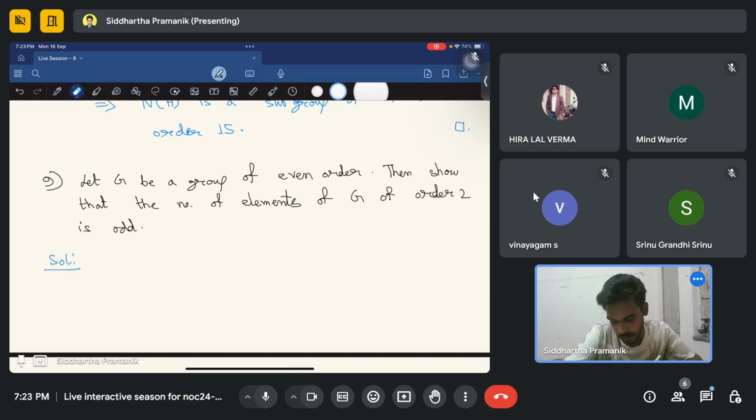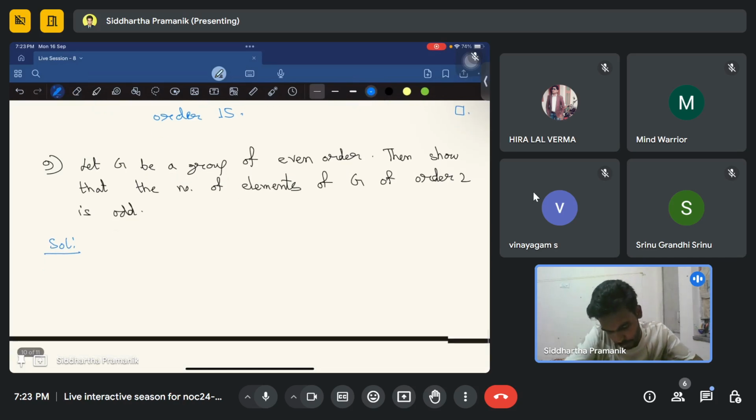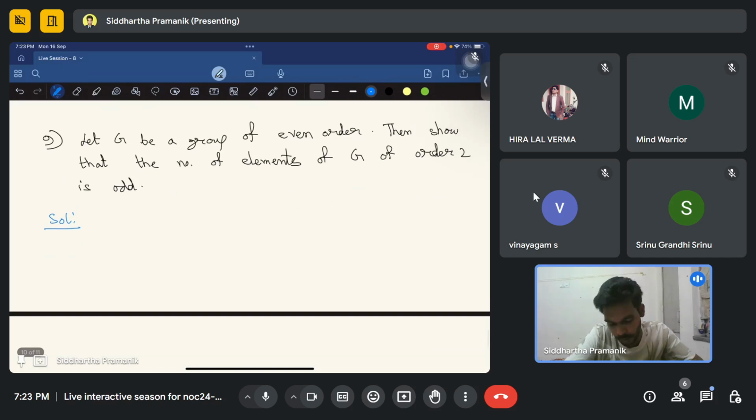So this problem can be solved by an elementary argument, but I want to do it using group actions to show that group actions can be used in several ways. Actually, it is a very powerful tool. So let's try to understand why.